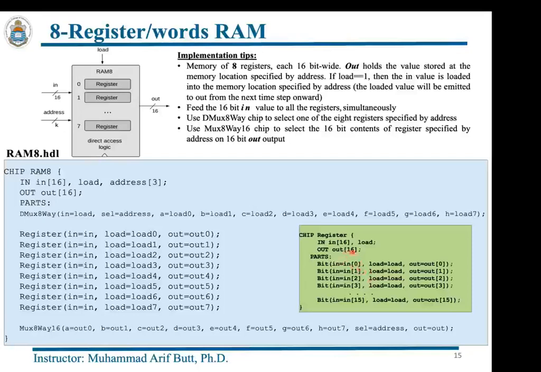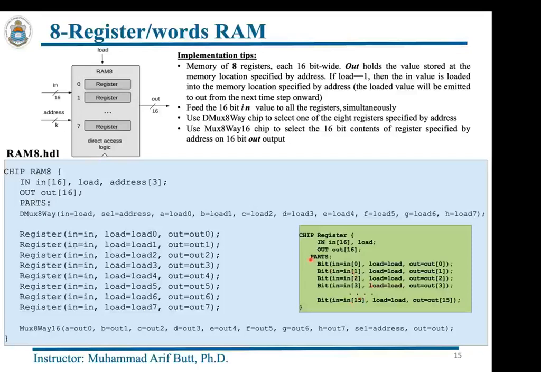The interface part of this chip tells us that it has 2 inputs, a 16-bit data word and a single bit load bit, and it has a 16-bit output. The implementation part tells us that we have used 16-bit chips to implement this 16-bit register chip. If you're not clear about this, I strongly recommend that you go and check out how we have designed this register chip.